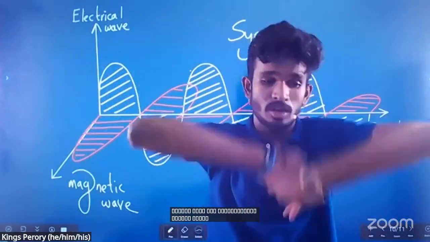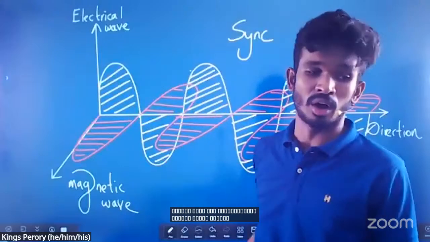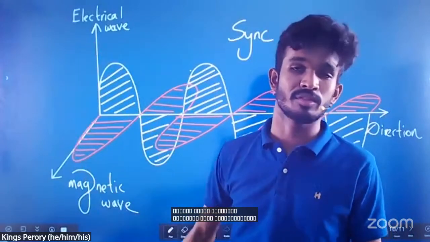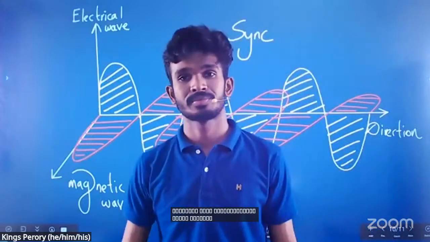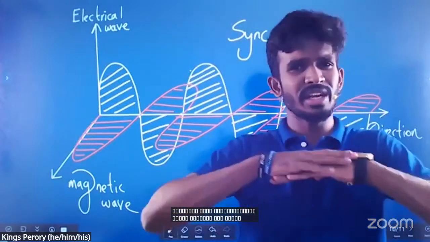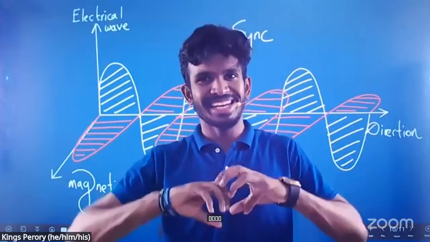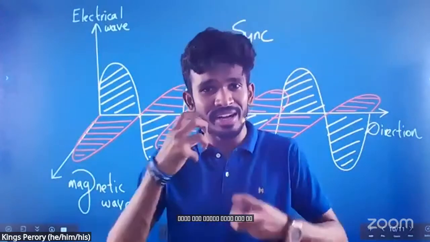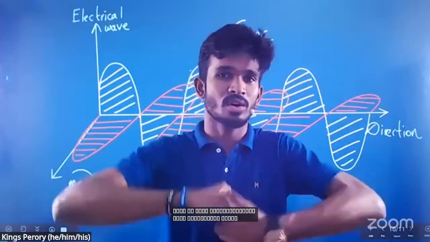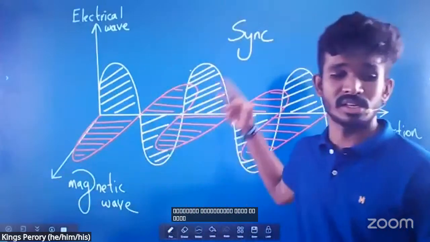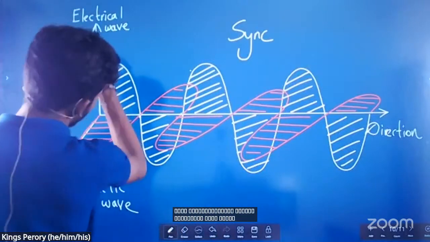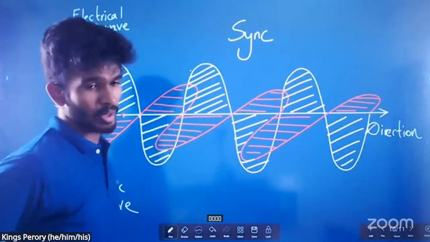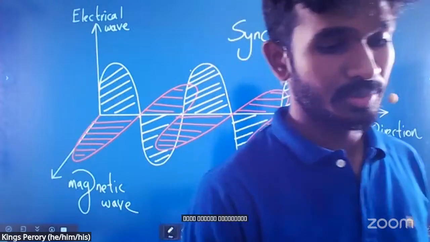You don't actually need the definition, but it's easier if you understand it. Dual synchronized oscillation, then you can understand how this electromagnetic wave is. Okay.